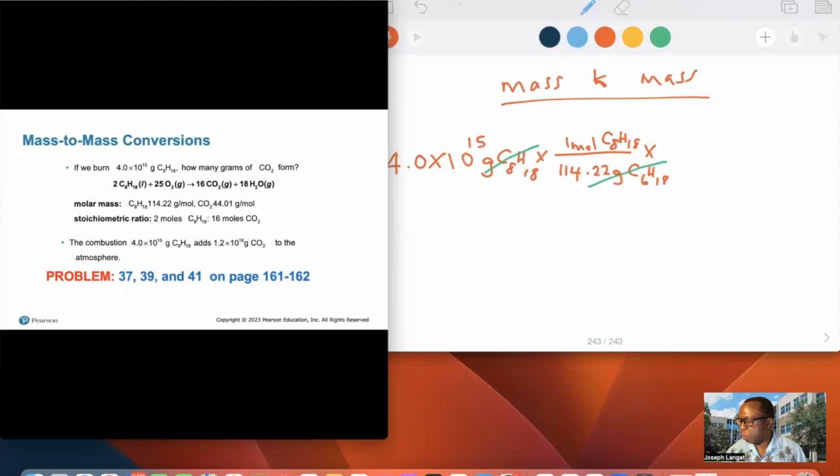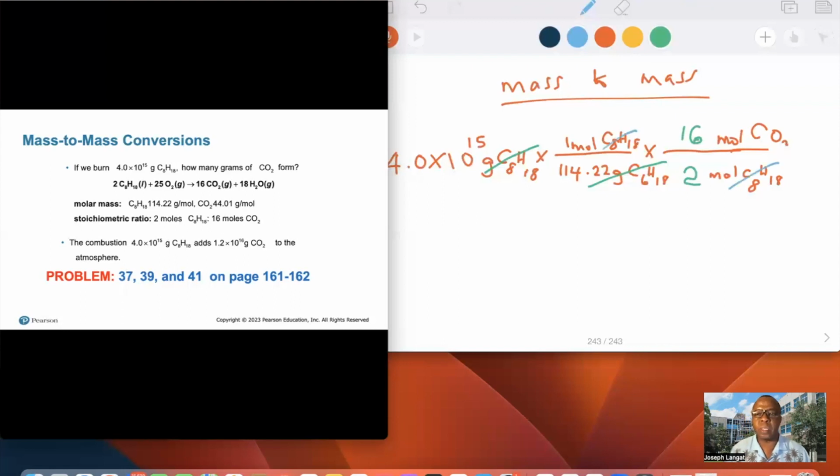This is the mole ratio. Mole ratio here is moles of C8H18 to moles of CO2. This is the mole ratio, by the way. For every 16 moles produced, 2 moles of octane must be consumed.